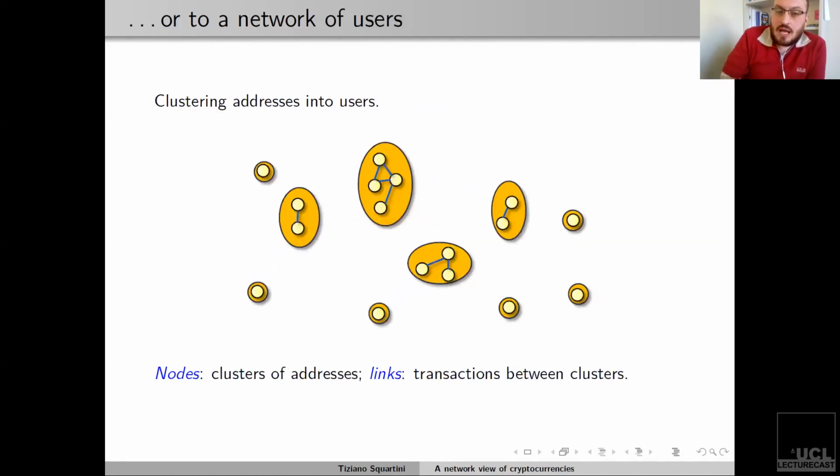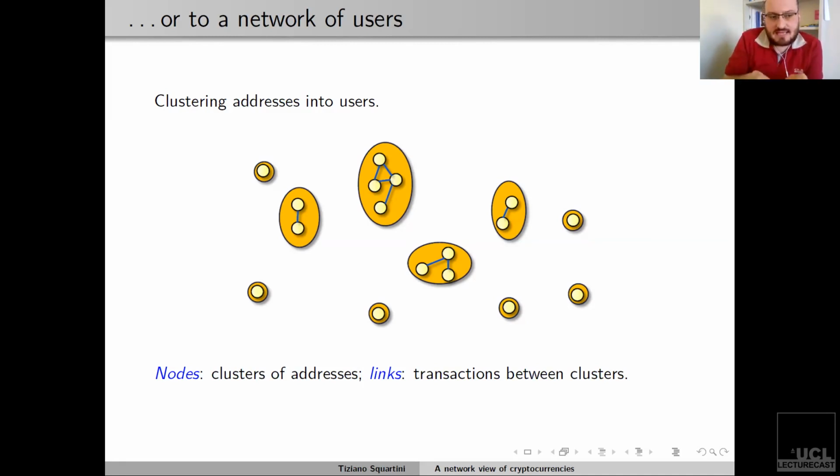There is another coarser grained representation of Bitcoin data, which is the Bitcoin user network. In this case, users must be understood not necessarily as persons. They are entities that own one or more addresses, and that you can collect together by using what are called heuristic techniques.